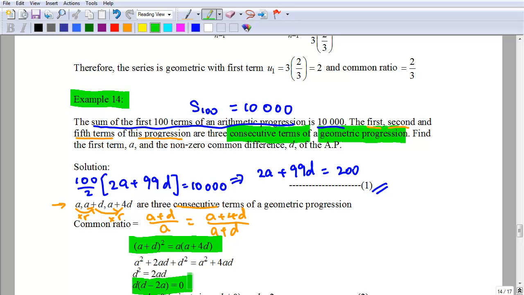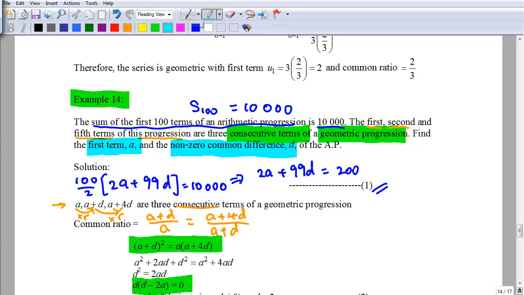We must be careful here with the reading of the question again, because we haven't finished reading the question, remember? So we get back to the question we read. We are supposed to find the first term a and the non-zero common difference d.